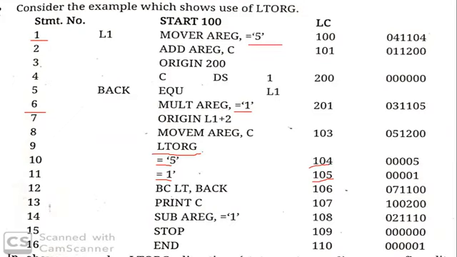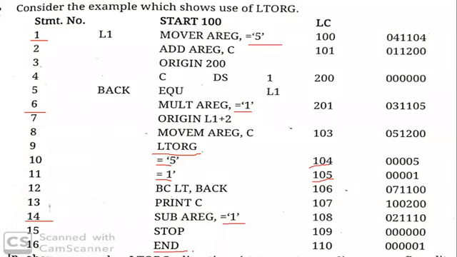This is how the literal processing is done in the case of LTORG. After that, we can consider some assembly instruction statements, and at statement number 14, we get one more literal, that is =1. After that, we immediately find the END statement.